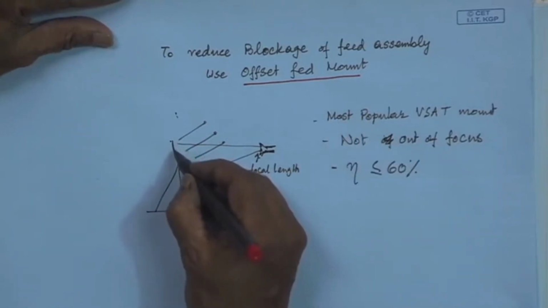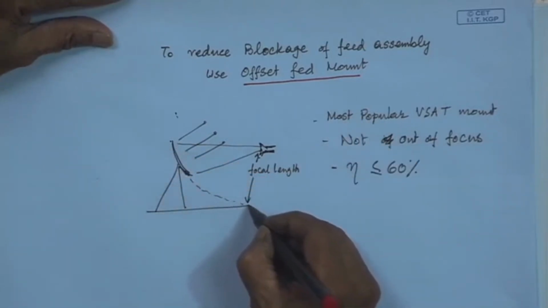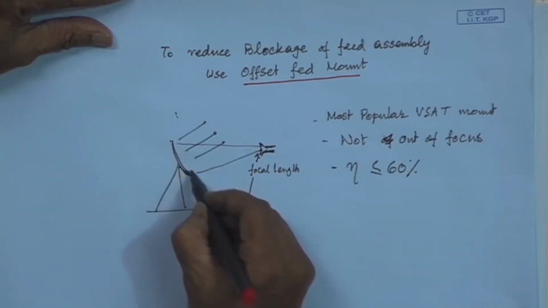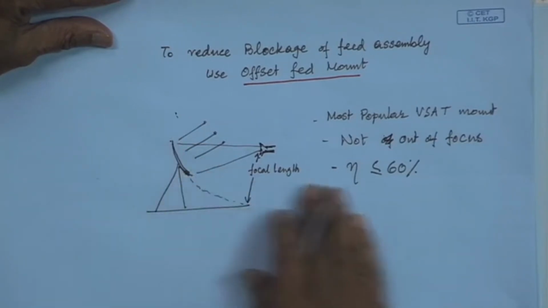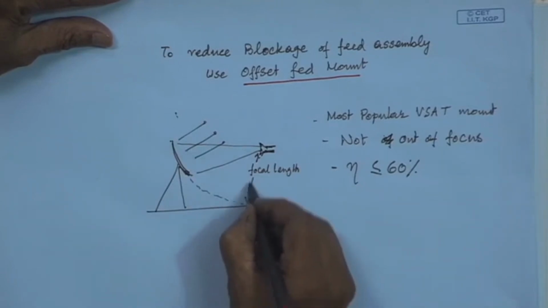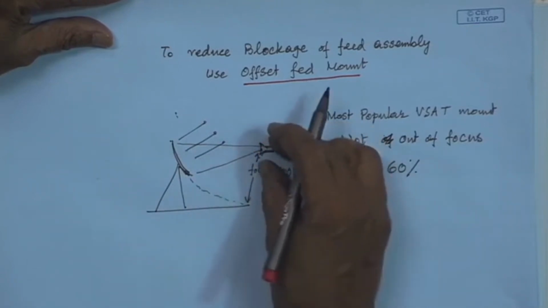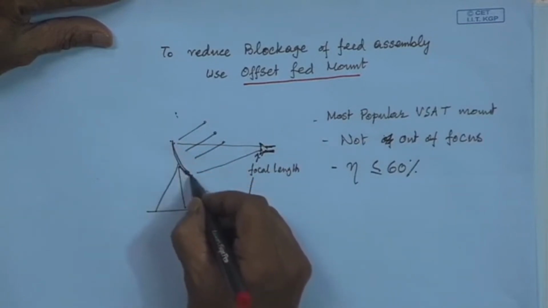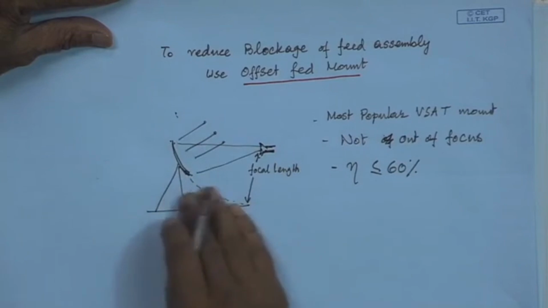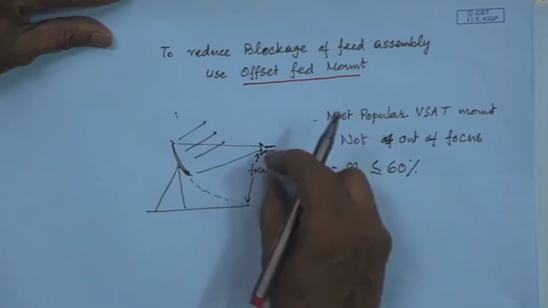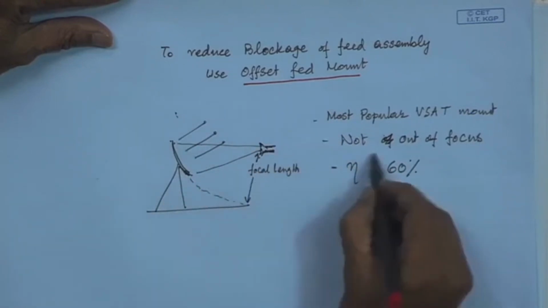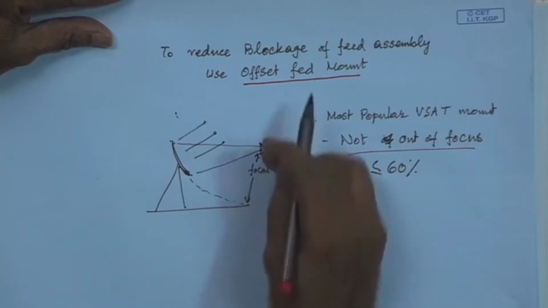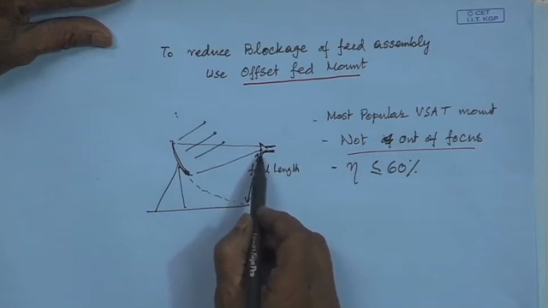It means as if there is a total reflector, but only a small portion of the reflector material is used, the rest is removed, and at the focal point the feed is turned towards the metal part of the reflector which is kept. So, the feed is not out of focus, it is offset. It was supposed to look in this direction, we moved it a little, so it is offset.